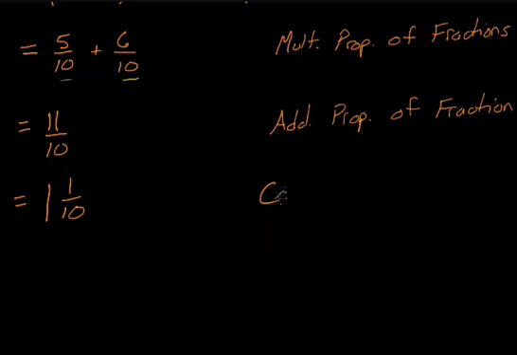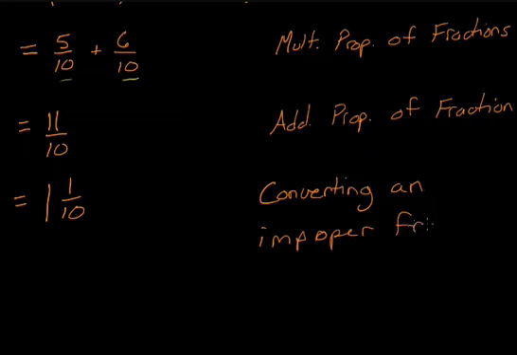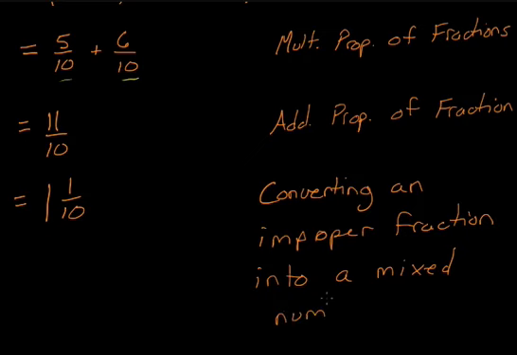We're just converting an improper fraction into a mixed number. And that is one way the identity property of multiplication can be useful.